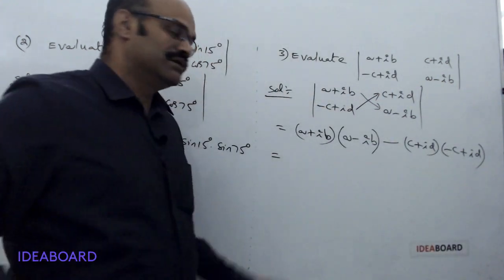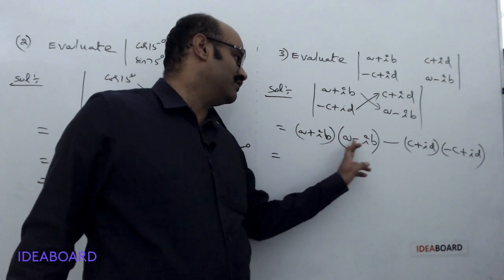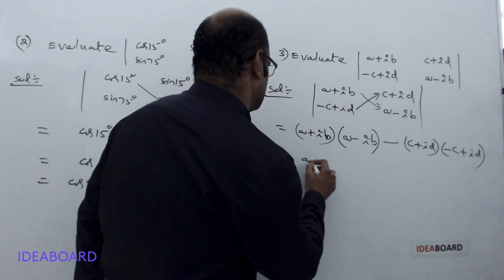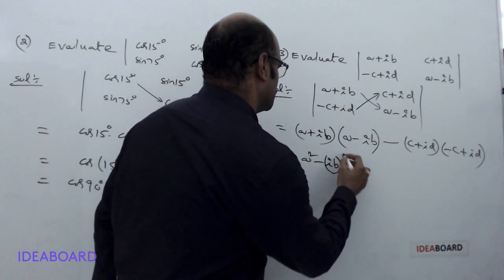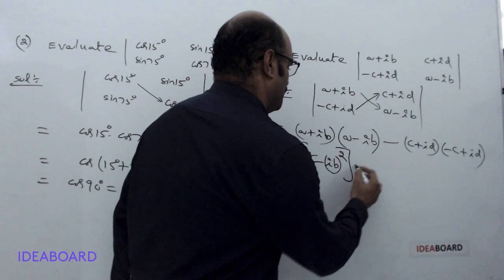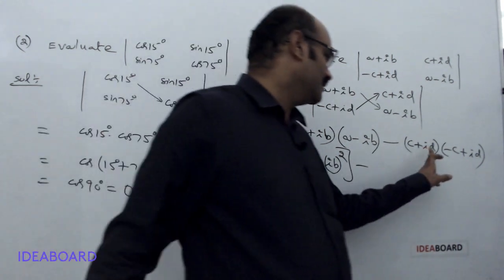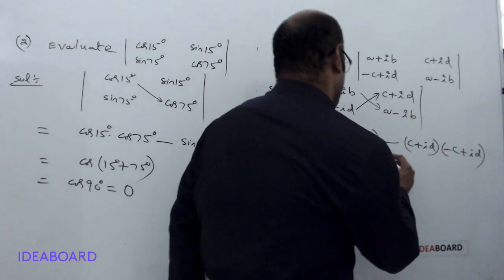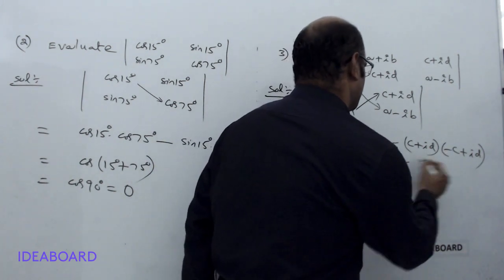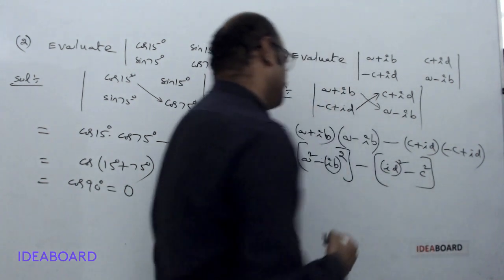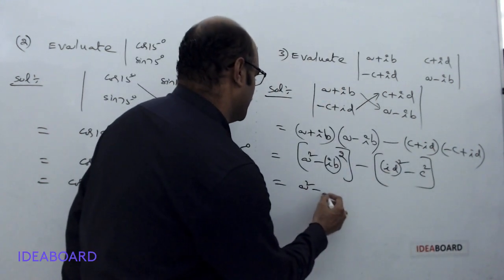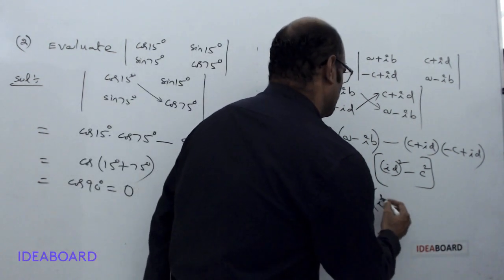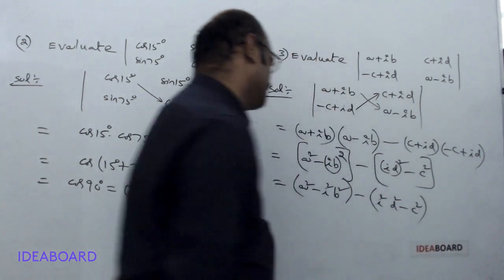So equal to, it is in the form of a plus b into a minus b equal to a square minus b square. So it implies a square minus ib whole square, minus a plus b into a minus b, a square minus b square. So it implies id whole square minus c square equal to a square minus i square into b square, minus i square into d square minus c square.